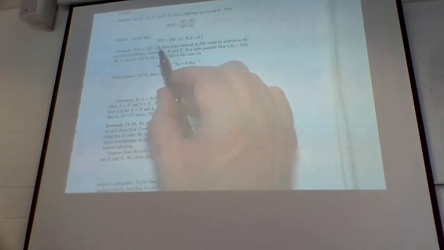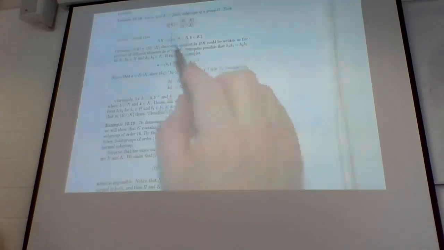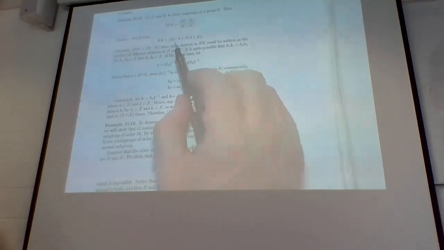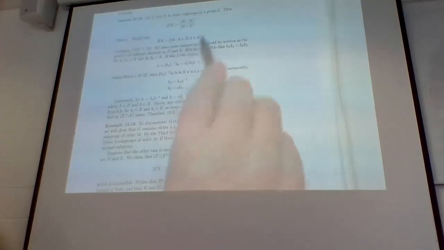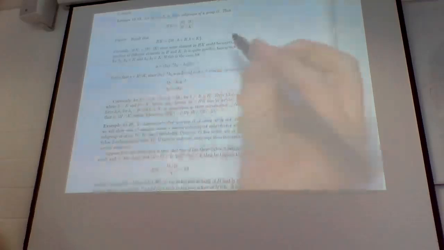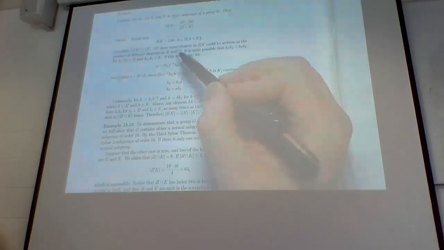In general, it's a subset formed from every possible product you can form, taking an element from H and an element from K. Now, you might be tempted to think that all these products you can form are distinct. That's not necessarily the case. Okay?